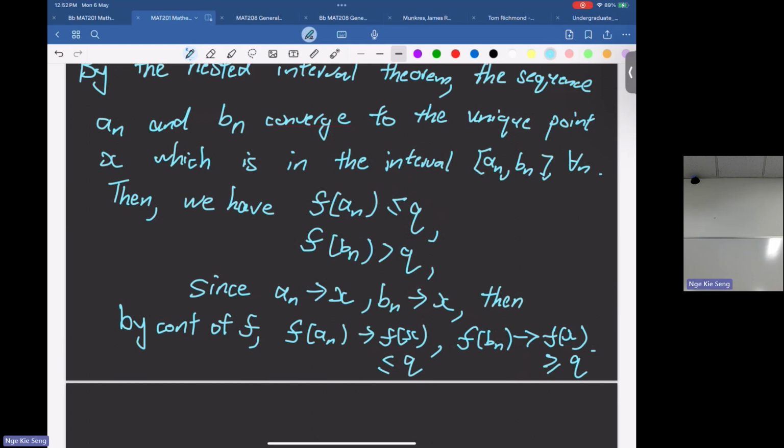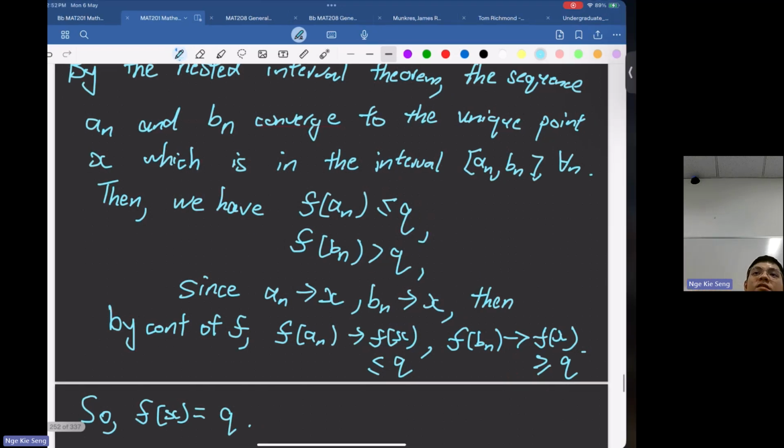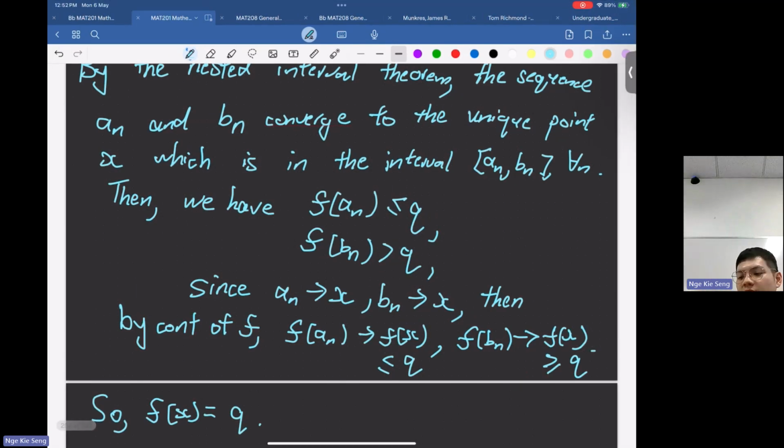A bit tricky, but in both cases we prove that f(x) is equal to q. So basically, we are using the property of limits. That's why we spend a lot of time talking about convergence of a sequence. It really boils down to this convergence of sequences.